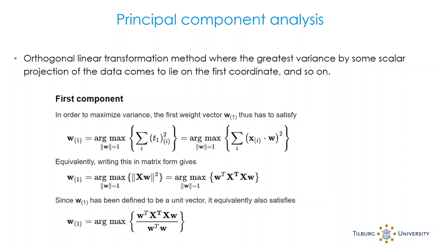For example, let's suppose that we want to obtain the first component. So the first component is just the extracted feature that maximizes the variance in the first axis. And the way we do so is by solving this optimization problem. So basically, we want to find a weight vector satisfying this mathematical expression.